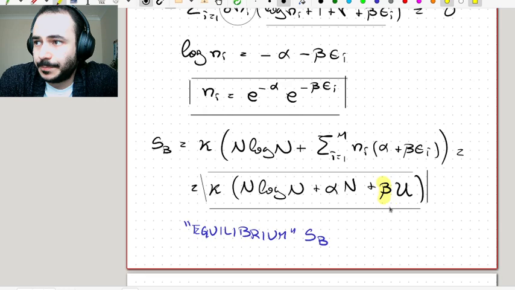And it makes sense for it to be the temperature, because when you put two systems in equilibrium with one another, when you seek for equilibrium, that is maximization of this guy here in an isolated scenario, these betas of the two subsystems are going to become equal, like the temperature. So it's like thermalization, and it's going to be positive and so on. So it really makes sense to think about it as a temperature.